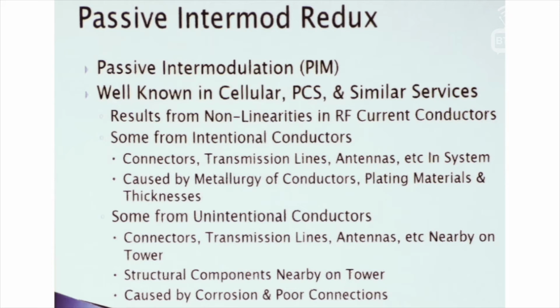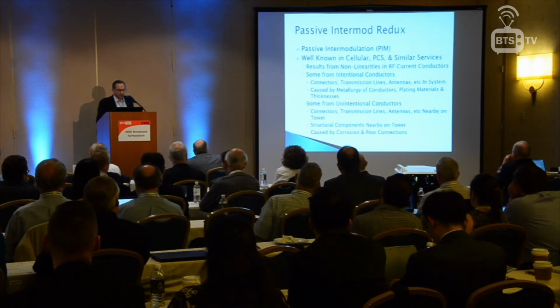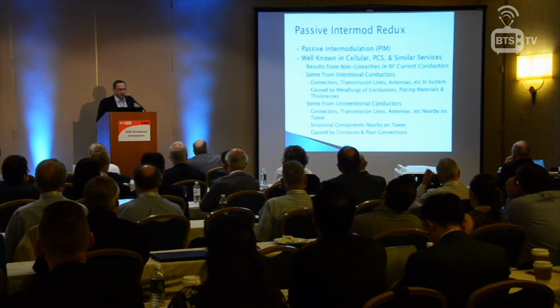They occur in systems or the environment. In some cases, they're intentional conductors, for instance, transmission lines and antennas and the like, that are part of the actual transmission system. And those are caused by metallurgy issues, dissimilar metals and wrong kind of plating, things of that sort, connectors that are not cinched up tight enough.